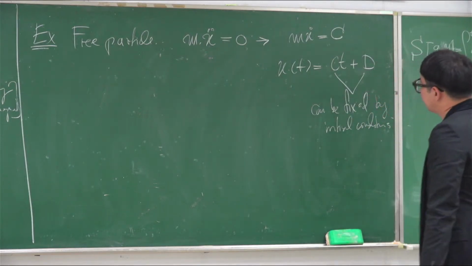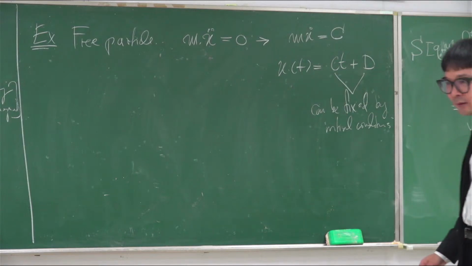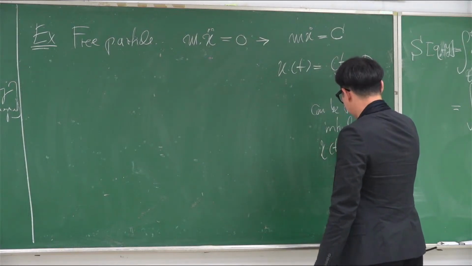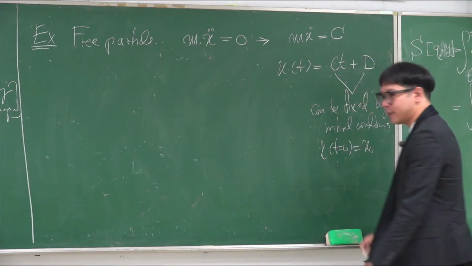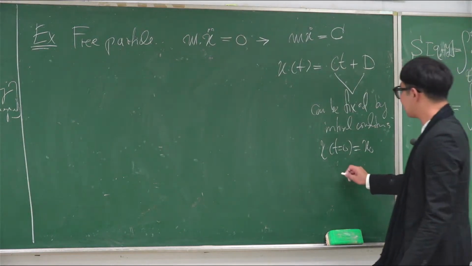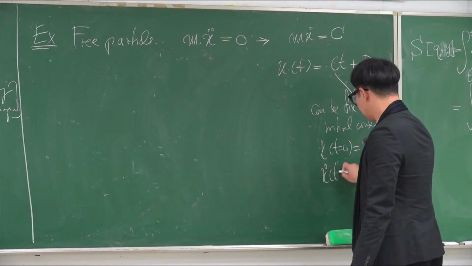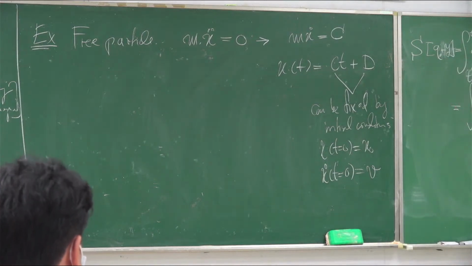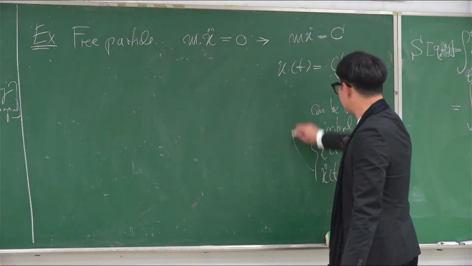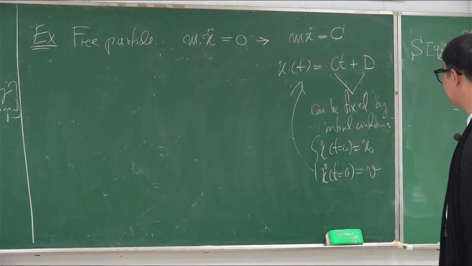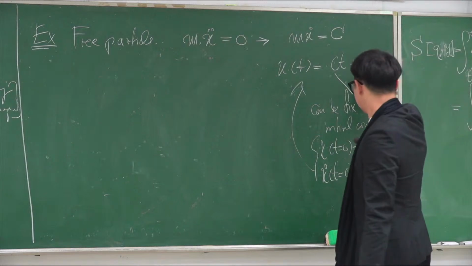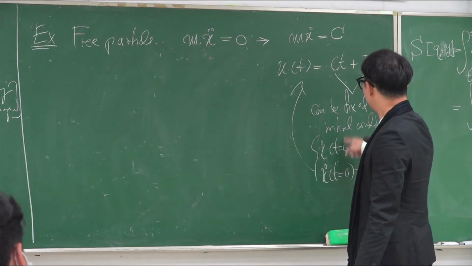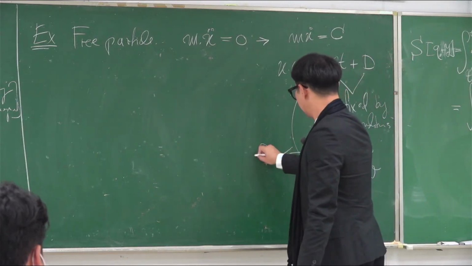Suppose my initial condition has x0 here, and so x dot. So you use this, and what you get: if you put t to be 0, you will get the x naught.